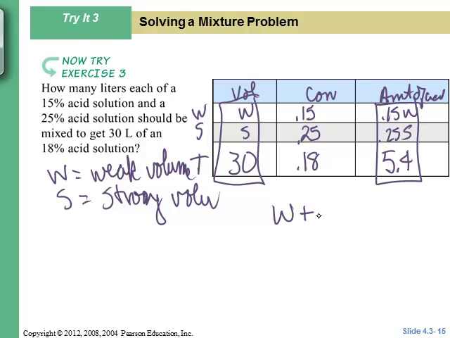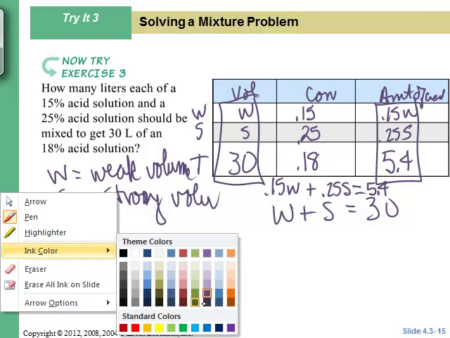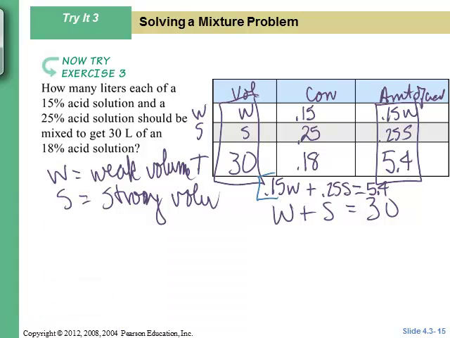These are our two equations. Weak plus strong equals 30. 0.15 weak plus 0.25 strong equals 5.4. Let's multiply the top equation by negative 4. Hmm, so this is negative 0.6W minus S equals negative 21.6.